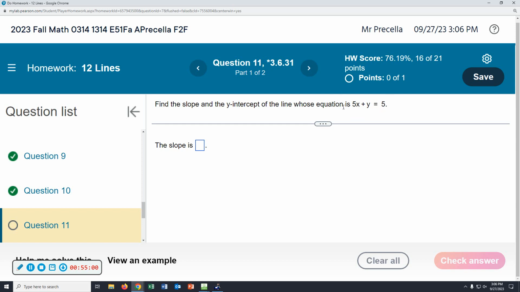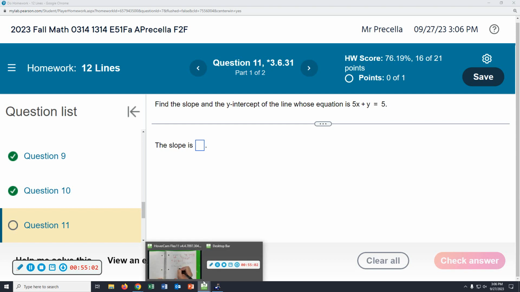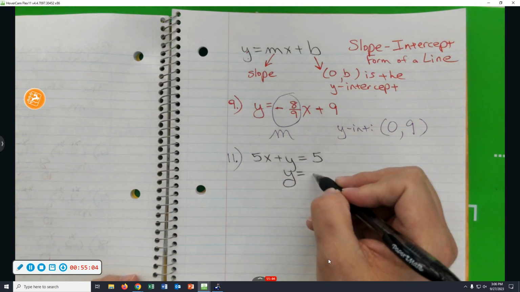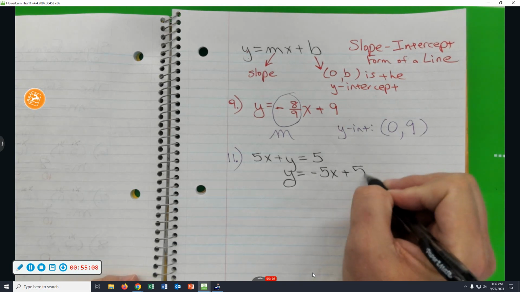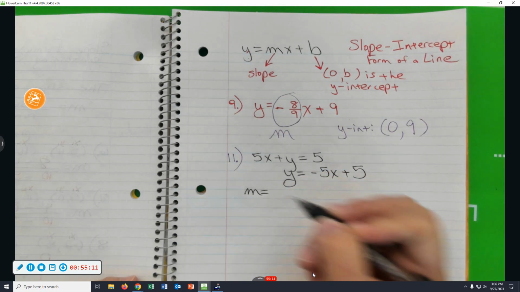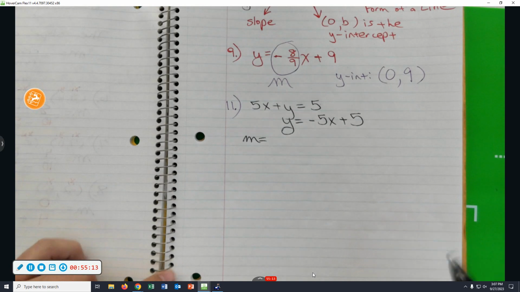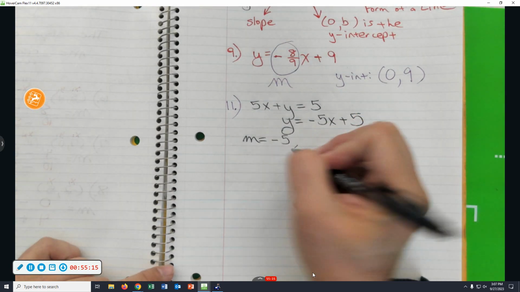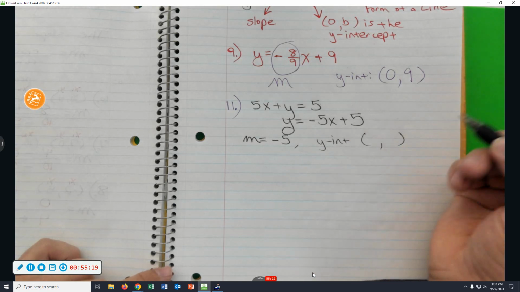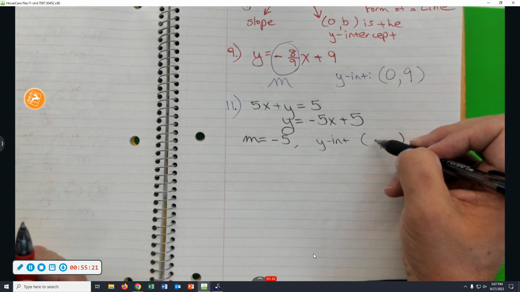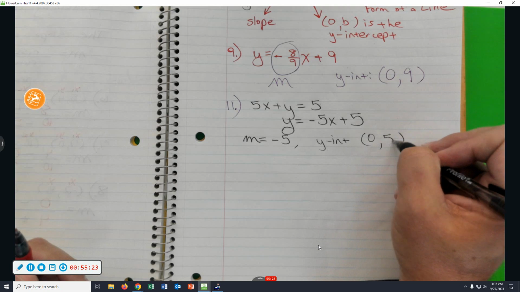So we'll subtract the 5x to give us y equals negative 5x plus 5. So my slope is negative 5. My y-intercept, it's an ordered pair. Call it out as an ordered pair. 0, 5.